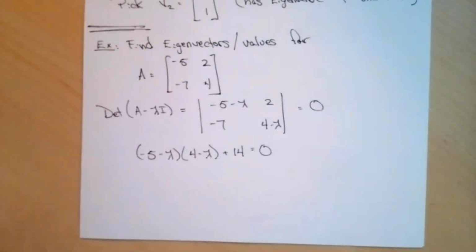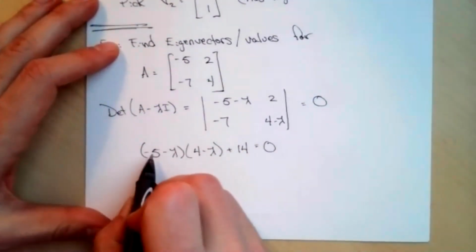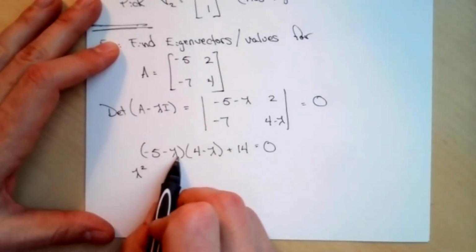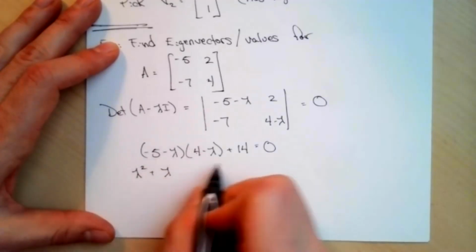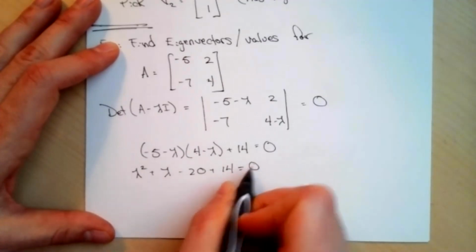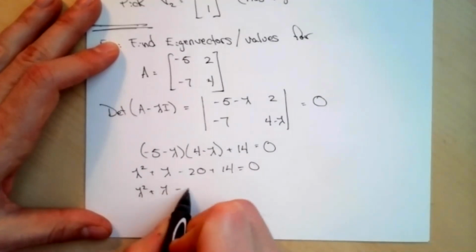So of course, we're setting that determinant equal to 0. And we've got work to do. We've just got to do all the arithmetic, all the multiplications. Let's see, I've got a lambda squared. We've got -4 lambda and +5 lambda, so plus lambda, and a -20 plus 14. Lambda squared plus lambda minus 6.